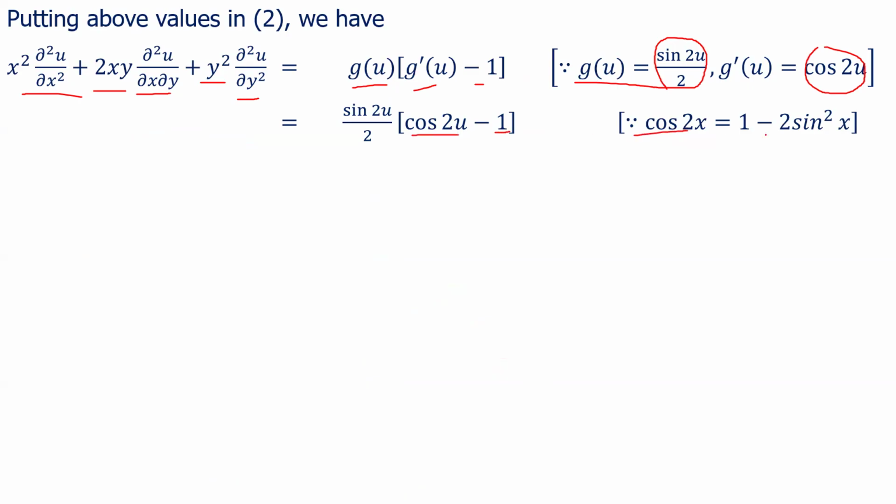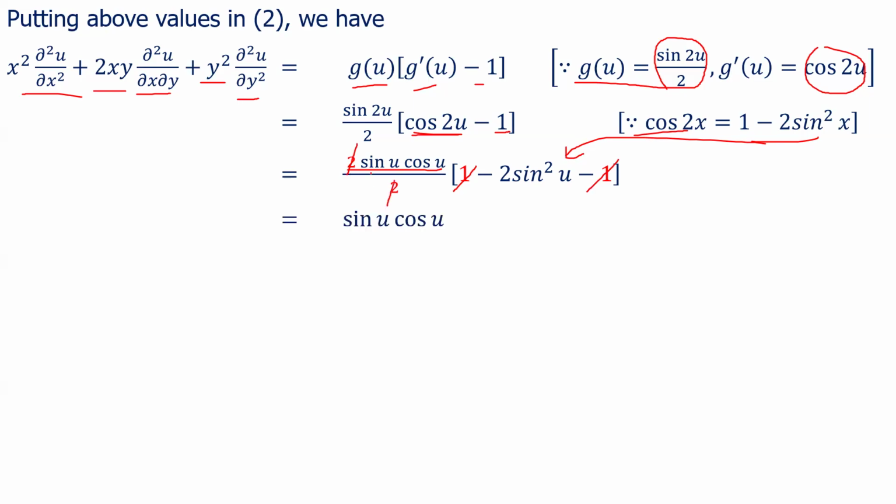But cos 2x is 1 minus 2 sin² x. And sin 2u is 2 sin u cos u. Cos 2u is 1 minus 2 sin² u, minus 1. So this plus 1 and minus 1 will cancel, there should be a minus sign, and this 2 will also cancel.